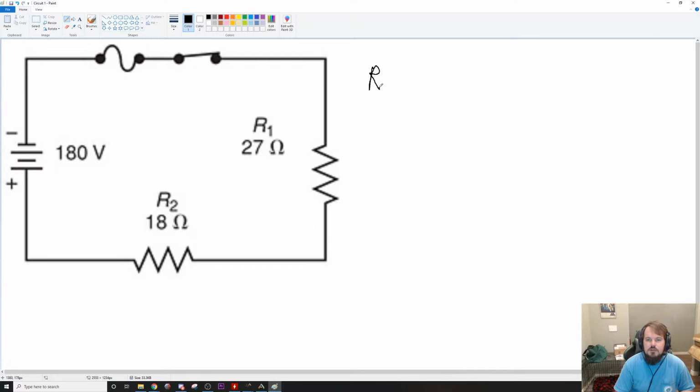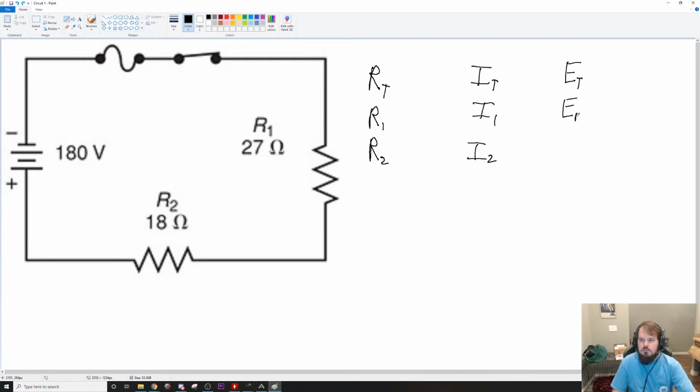So we have our total, R1 and R2, I total, I1 and I2, E total, E1 and E2, and then I might have to adjust where some of these fall. P1 and P2. I almost ran out of board.